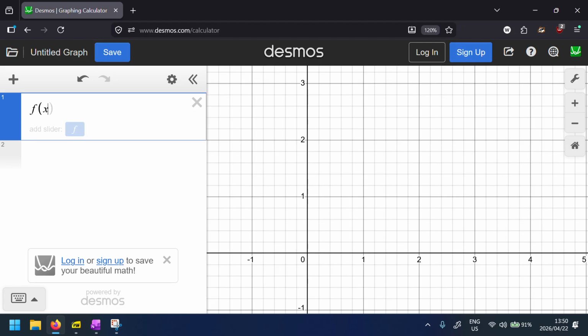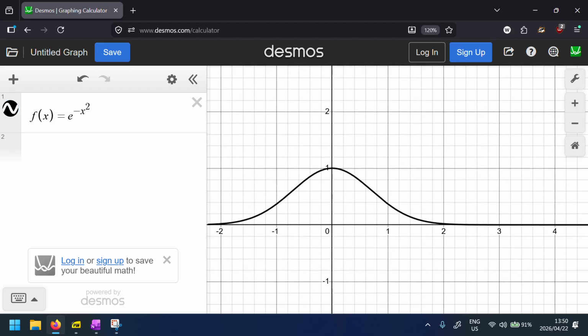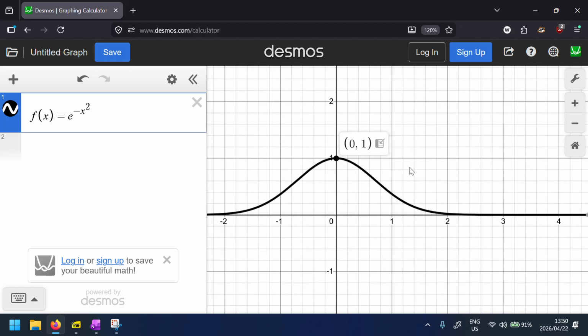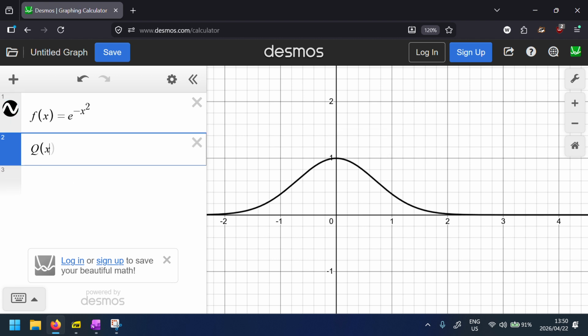Okay. Let's have a look at this on Desmos like we had before. Okay, so we have f of x is e to the minus x squared. So it looks something like that. And we're interested in the quadratic approximation at 0. So q of x, that will be f at 0 plus f prime at 0. And we see it. We can't have a linear part. It's just a horizontal tangent line there.